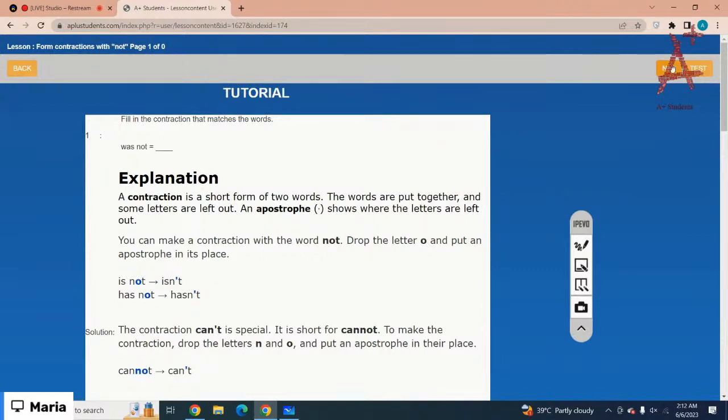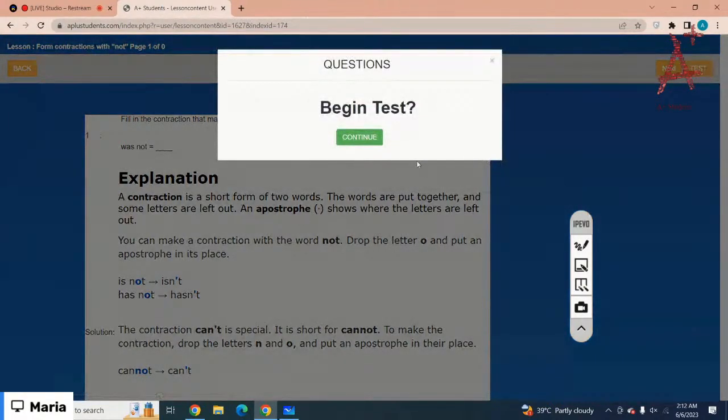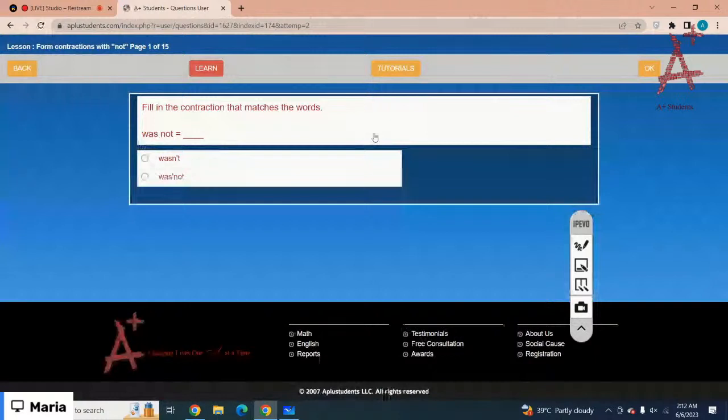Let's start with the practice questions and see how we make contractions with the word not. Fill in the contraction that matches the words was not. How do you make a contraction with was not? You can make wasn't.